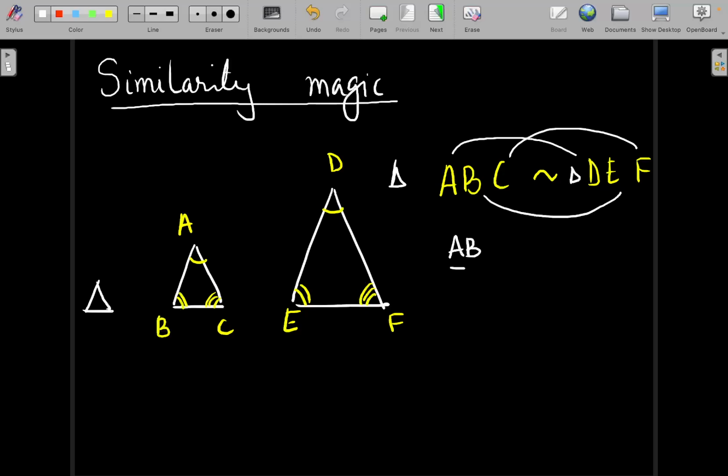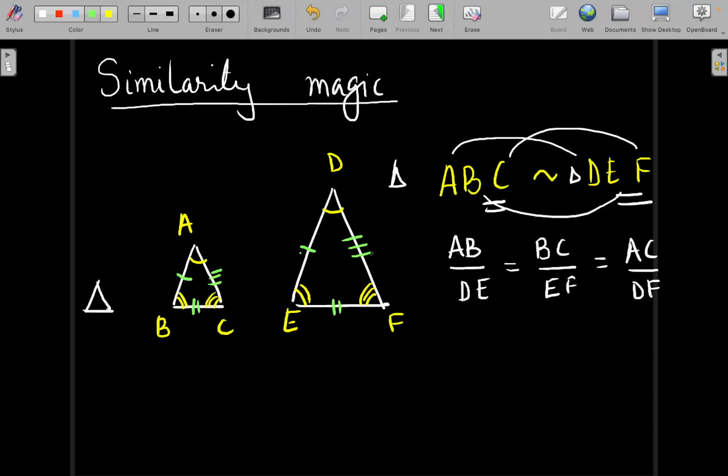We say that side AB divided by side DE is equal to side BC by EF, that is, BC corresponds to EF, and that is equal to AC over DF. I'll mark it on the diagram: AB corresponds to DE, BC corresponds to EF, and AC corresponds to DF, and the ratios of these corresponding sides are equal.